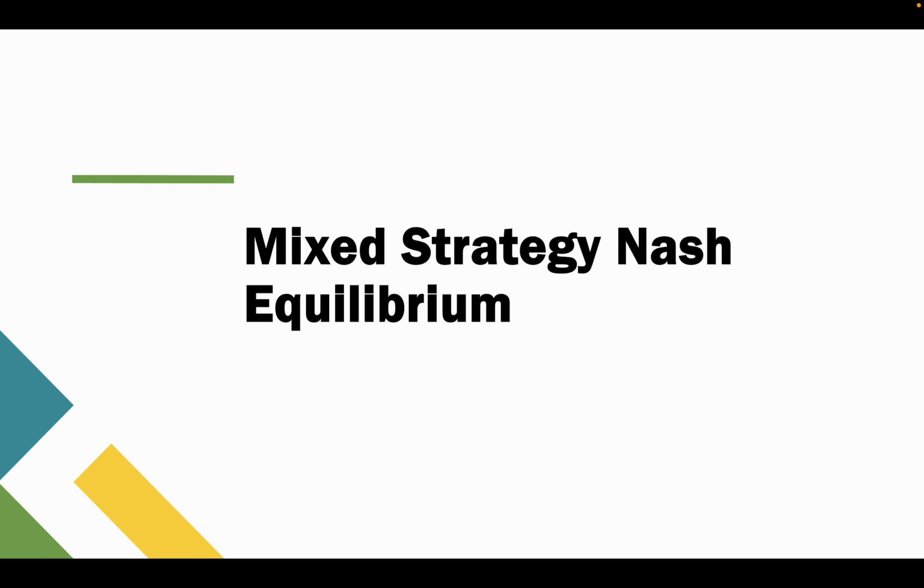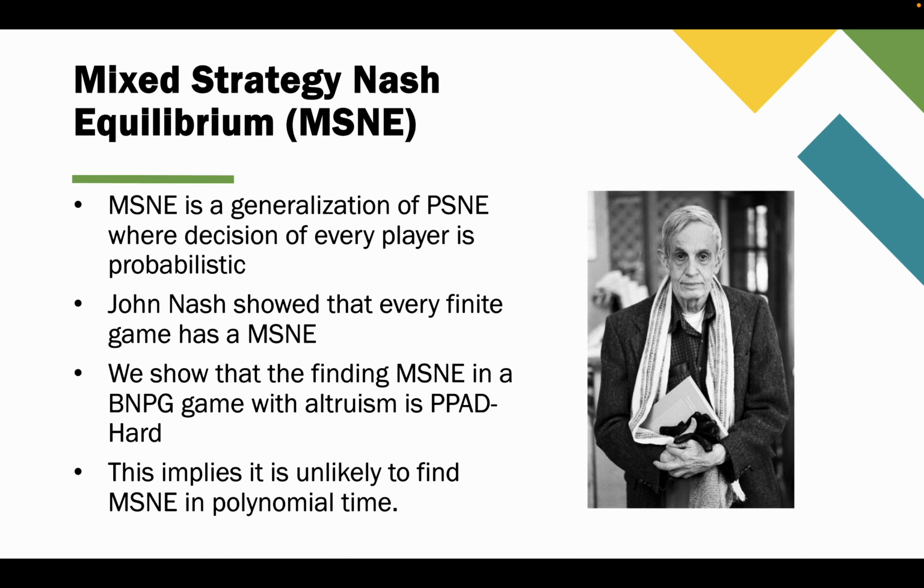Now, the last set of results is on mixed strategy Nash equilibrium. This is a generalization of pure strategy Nash equilibrium where the decision of each player is probabilistic. So instead of fixing on one action, they decide whether they want to play 1 or 0 with some probability. It is a well-known result, shown by John Nash, that every finite game has a mixed strategy Nash equilibrium.